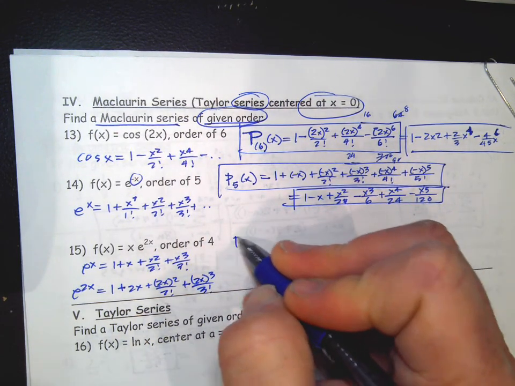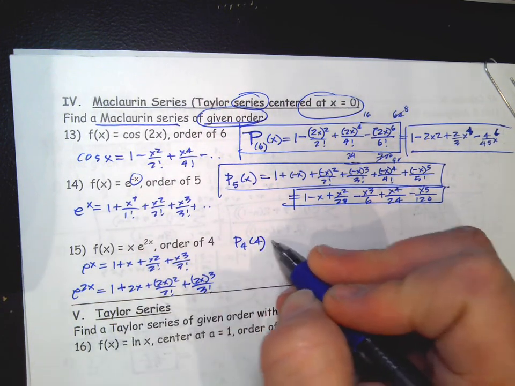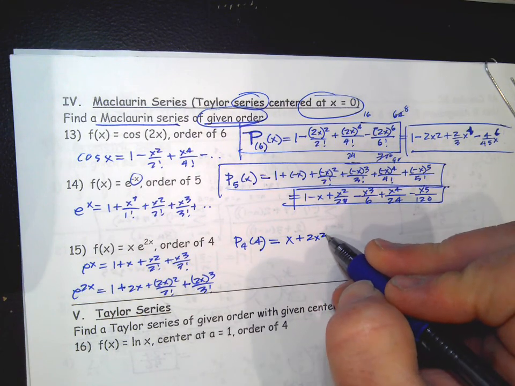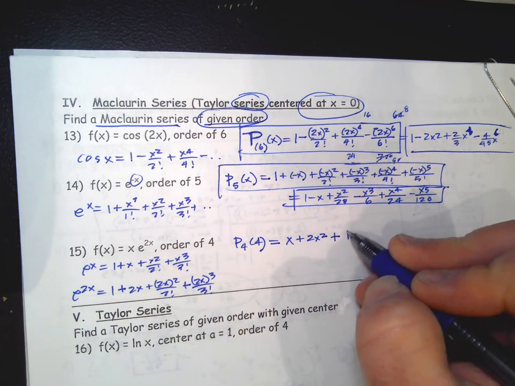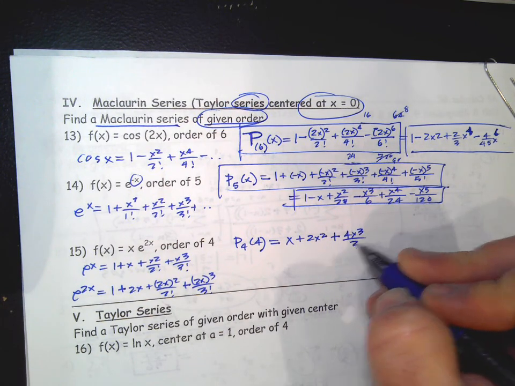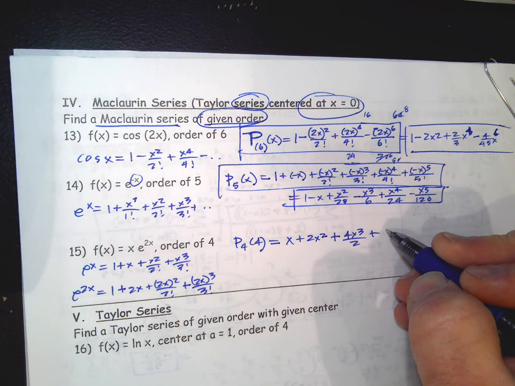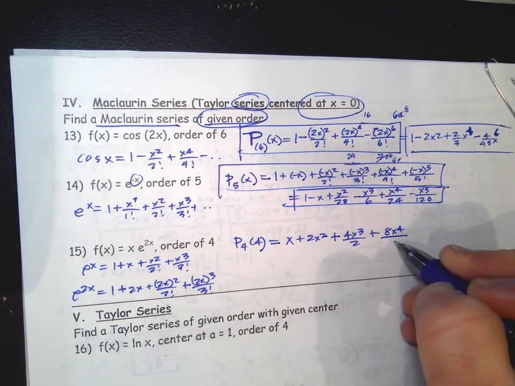And then for us, the 4th order Taylor polynomial, we're going to multiply an x into all of this. And we're going to get x plus 2x squared plus 4x cubed over 2 plus 8x to the 4th over 6.